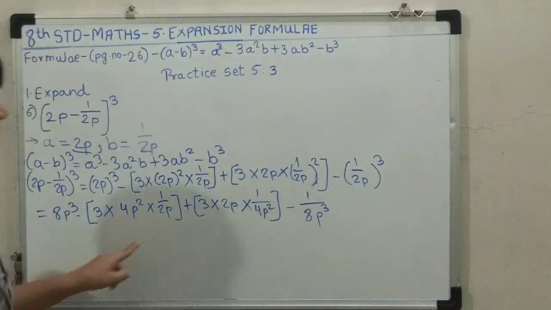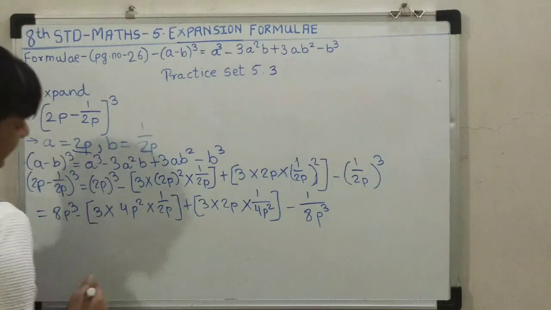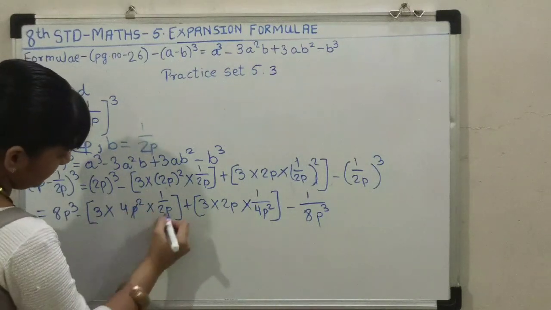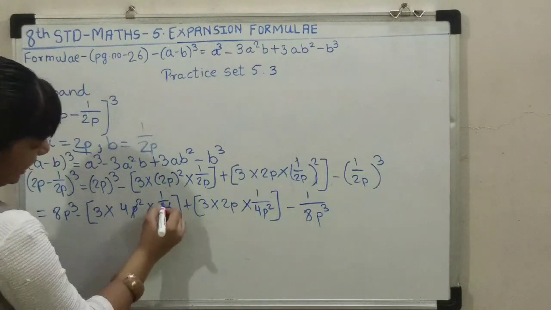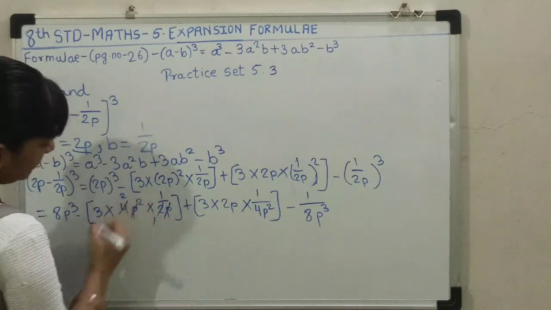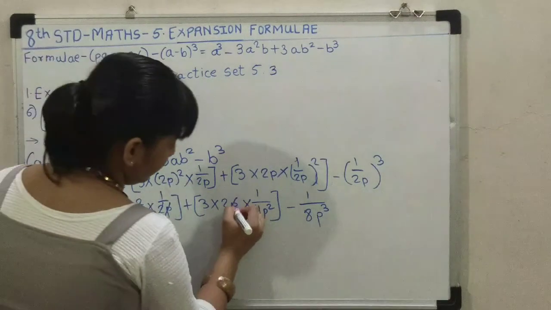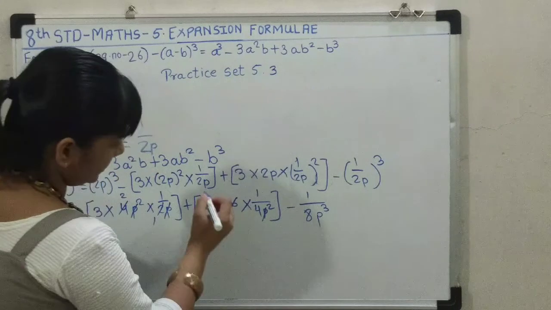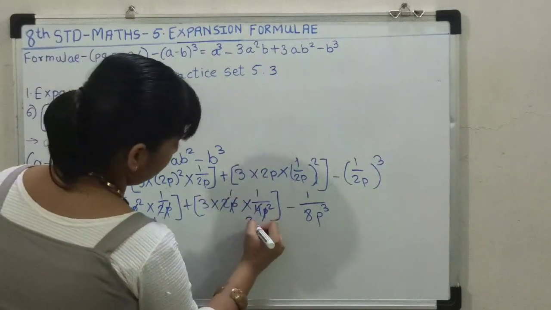Now here we'll do cancellations in these two brackets: 1 p will be cancelled here also, and 2 ones are 2, 2 twos are 4, and here also 1p and 1p, and here 2 ones are 2 and 2 twos are 4.